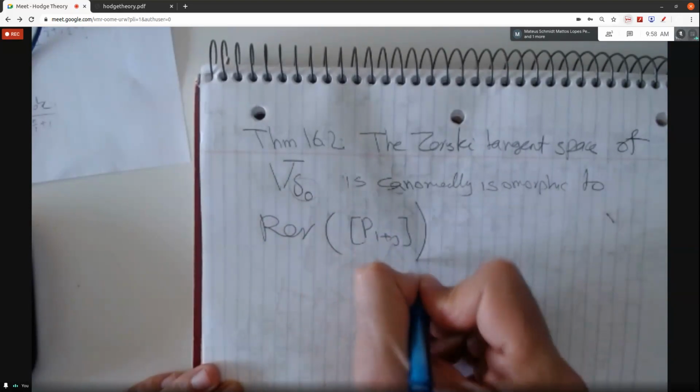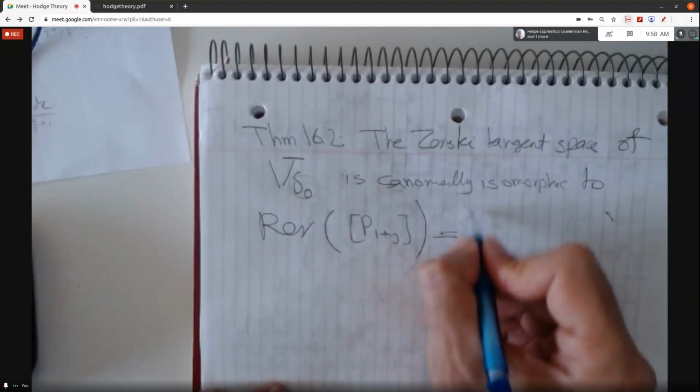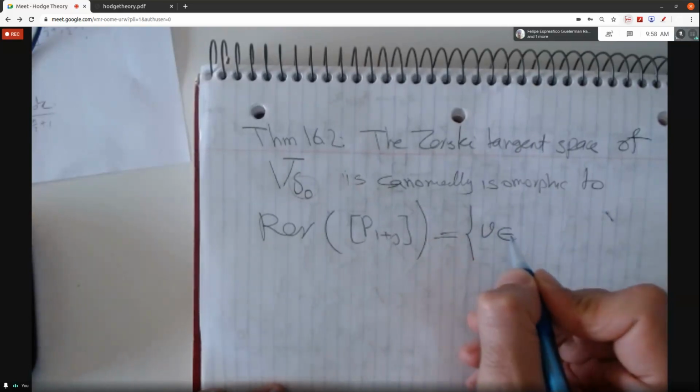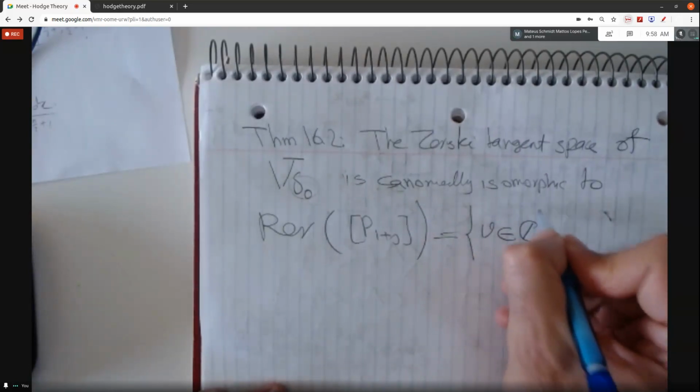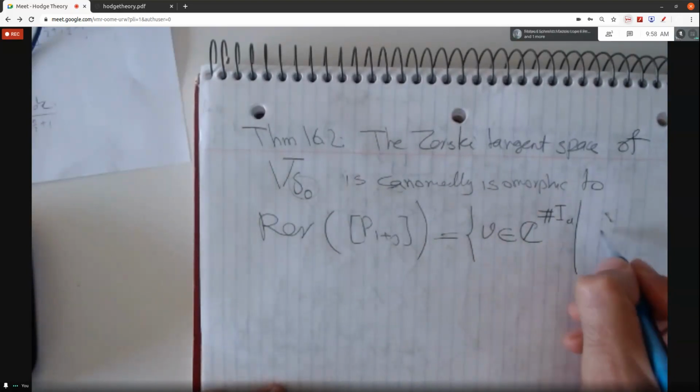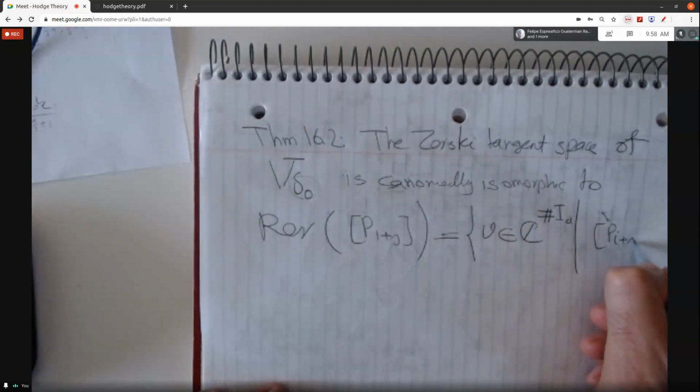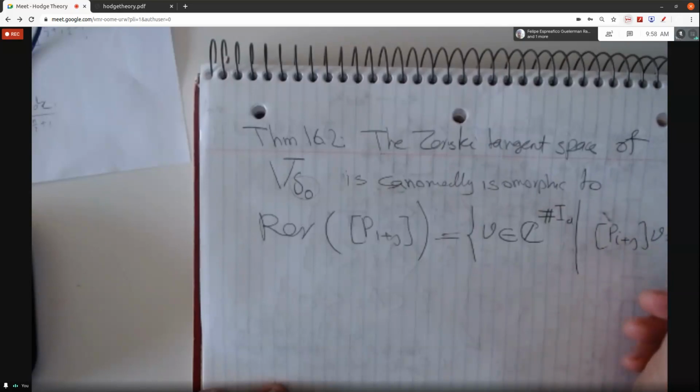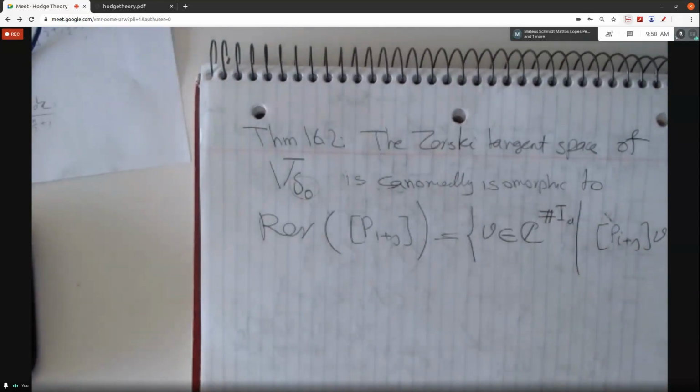So this is a matrix, and the kernel will be v in C^{I_d} such that P_{I+J} v equal to 0. This is my goal.